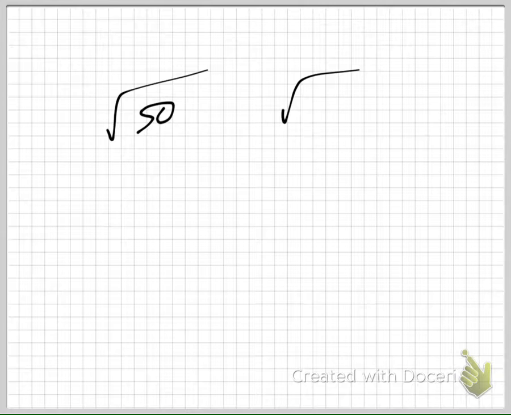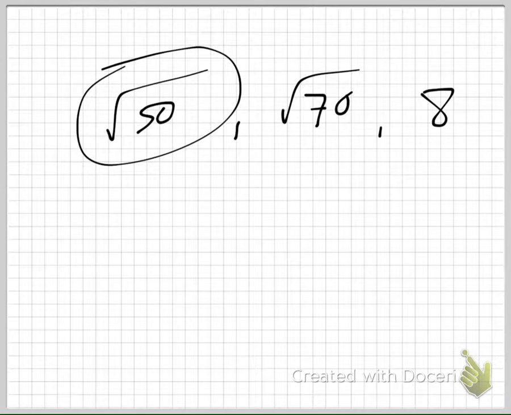What if I said I want you to rank these: the square root of 50, square root of 70, and the number 8, from lowest to highest. First, what is the square root of 50?